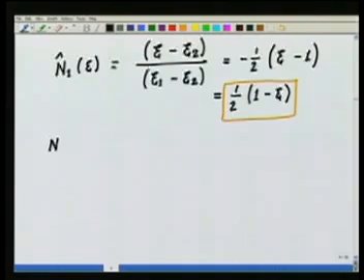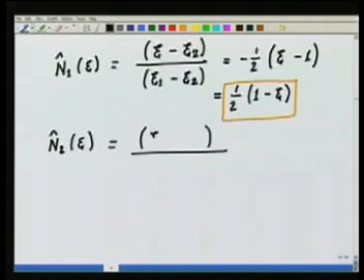Similarly, n2 hat of psi is equal to, so it is a linear which vanishes at the point psi 1, psi minus psi 1, and it has a value 1 at the point psi 2.